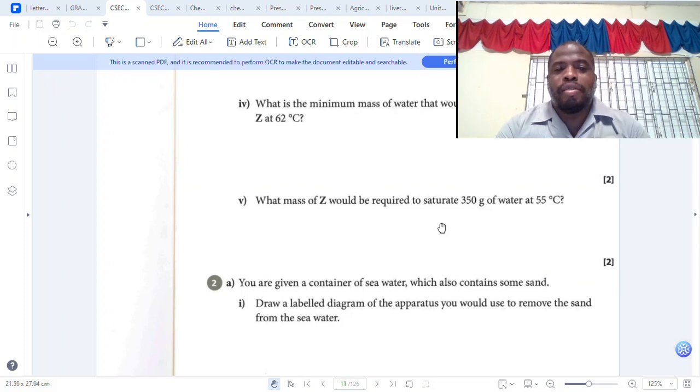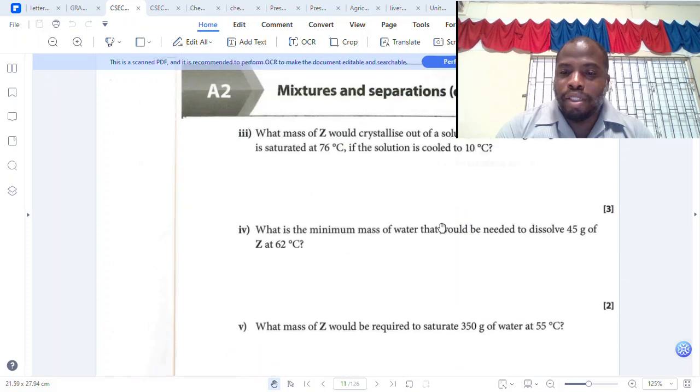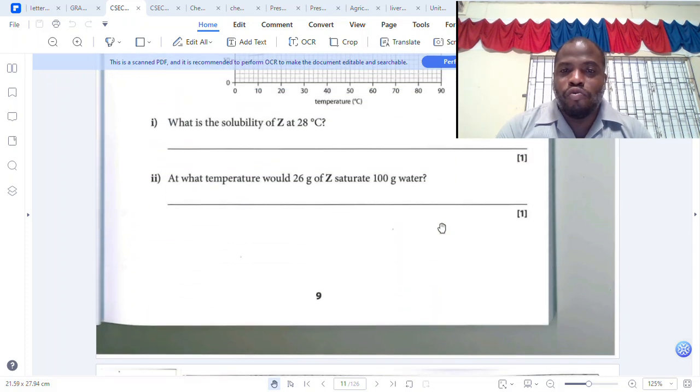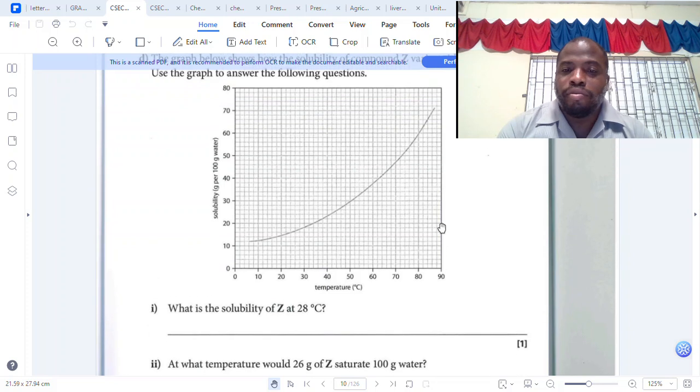For this part 5, it says what mass of Z would be required to saturate 350 grams of water at 55 degrees Celsius. Now remember, the mass of water that we're using in our experiment with our graph is 100 grams.